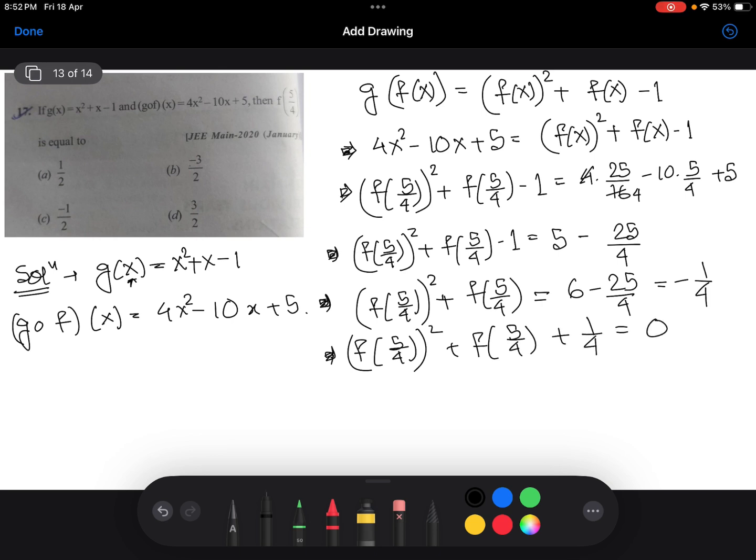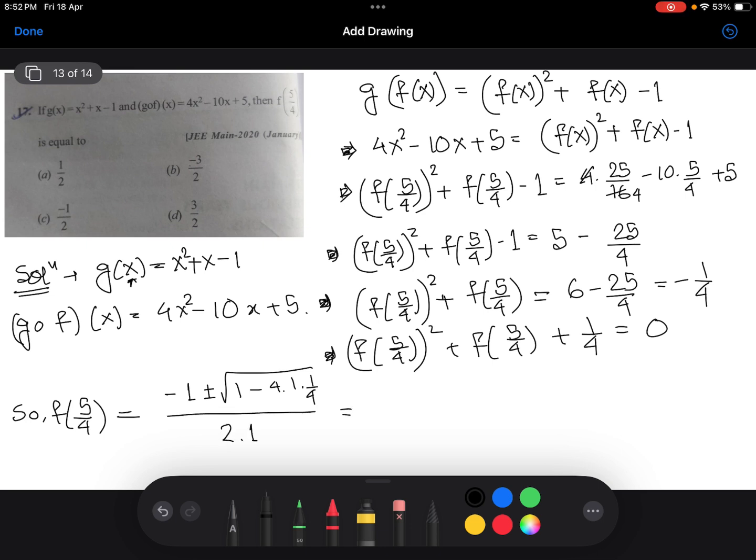Now we can put the Sridhar Acharya formula. So f of 5 by 4, we know the Sridhar Acharya formula, right? That is minus b plus or minus root of b square minus 4ac by 2a.